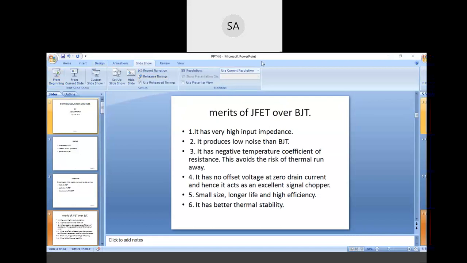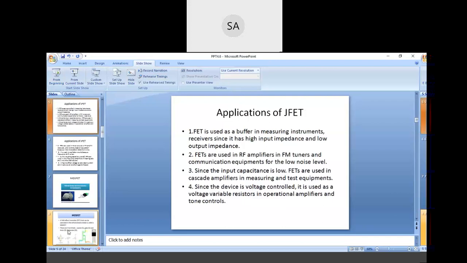High input impedance, low noise, negative temperature coefficient of resistance, no offset voltages, small size, longer life, high efficiency, and better thermal stability. In applications, it can be used as a buffer, in RF amplifiers, in FM tuners, and in communication equipment for the low noise level.